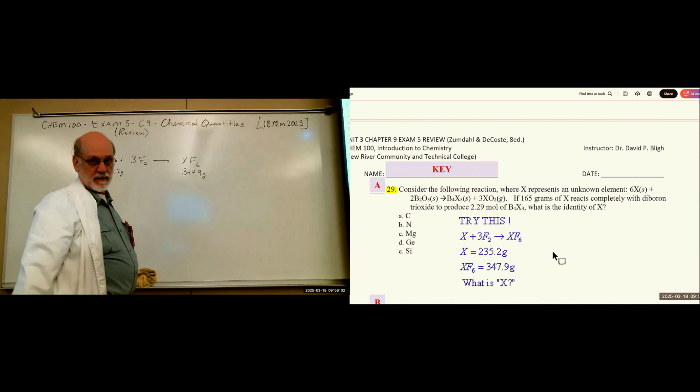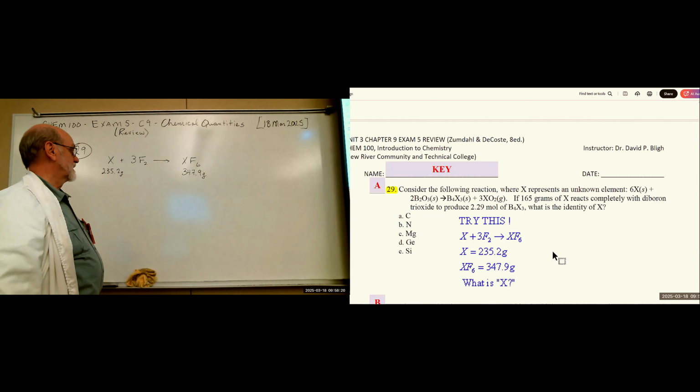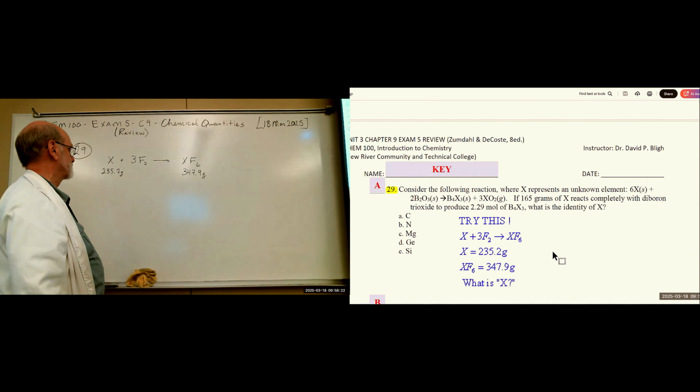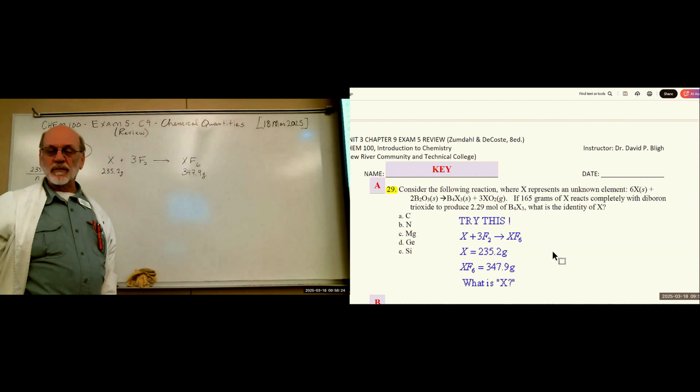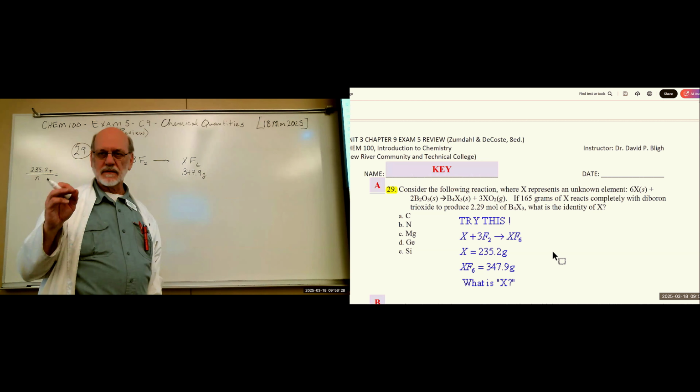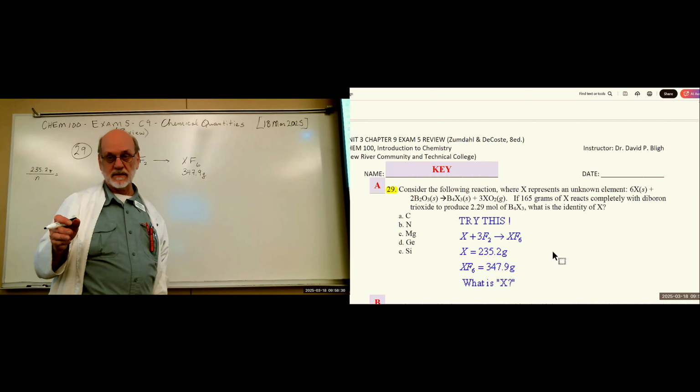Okay, what's X? Well, again, we got the mass. 235.2 grams. Now we need the moles. All right. Remember Lavoisier's law of conservation of mass.